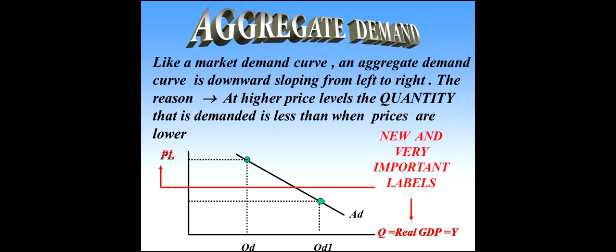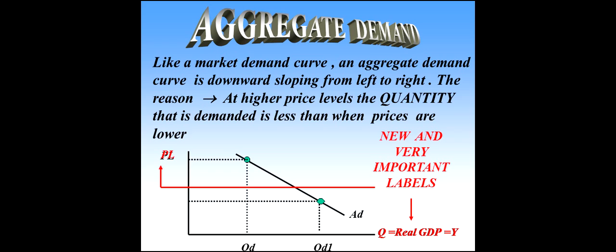The first, we change the y-axis label on our graph from just P, meaning price, to price level in the economy, and it's reflected with the label PL. Also, the quantity label for the x-axis, we still use Q, but it also represents total output for the economy, which, as you may recall from earlier in this chapter, is real GDP, or income.